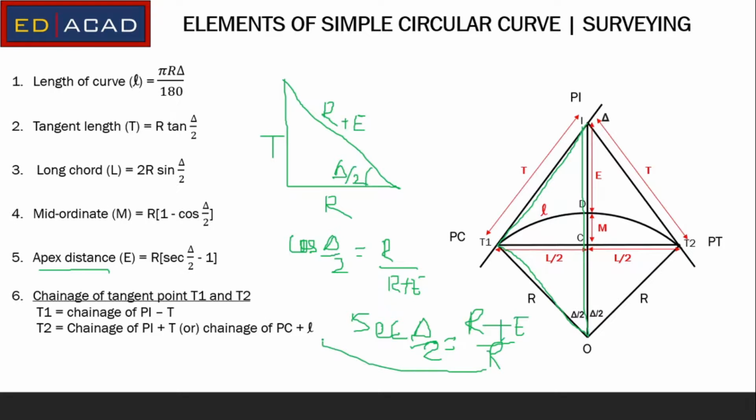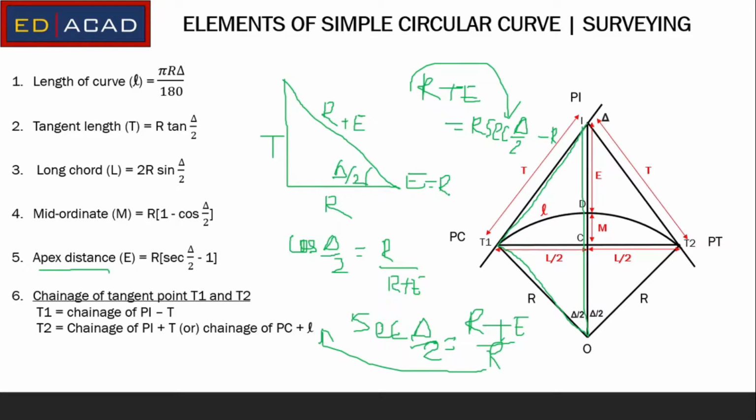We can send R over here, so we'll get R plus E as R sec delta by 2, and send R on this side, so E will be equal to this minus R. I am writing here only because I don't have much space.